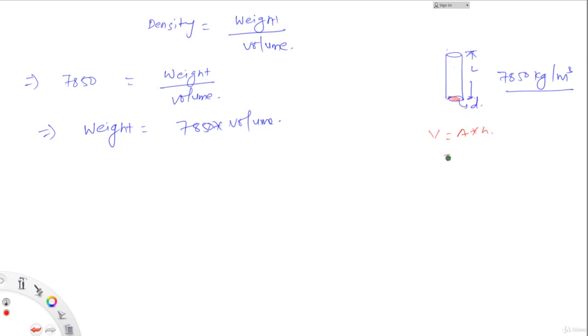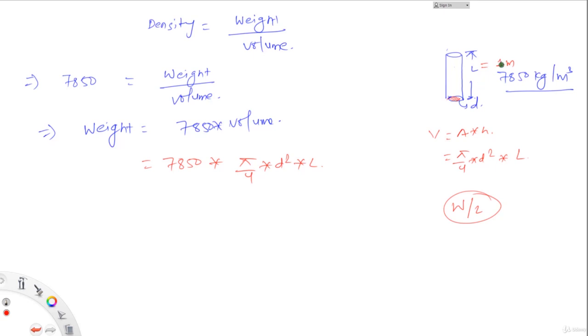So here the area of this circular portion is pi by 4 times d square, that is the diameter square, times h, which here is L. So weight is equal to 7850 times pi by 4 times d square times L. Now I will find weight per unit length, that is the weight of this rebar when L is equal to 1 meter.